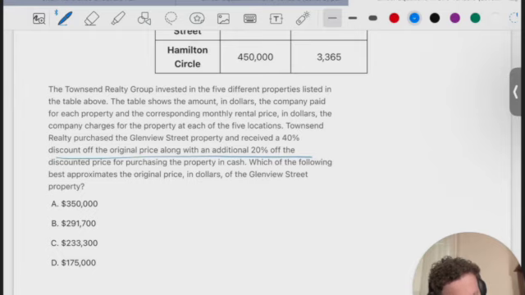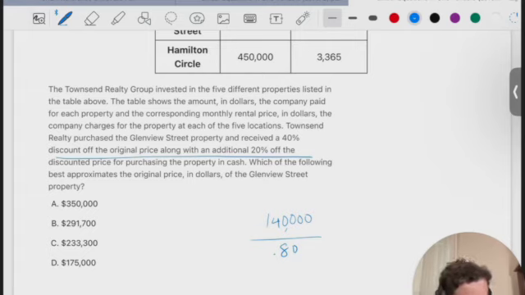If you're taking 20% off of something, you multiply by 80%. Now we're doing the opposite. We're trying to go backwards. So we're not going to multiply by 80%, we're going to divide by 80%. So 140,000 divided by 0.80. And this would have given us a discount price before we decided to pay cash for it. So 140,000 divided by 0.8.